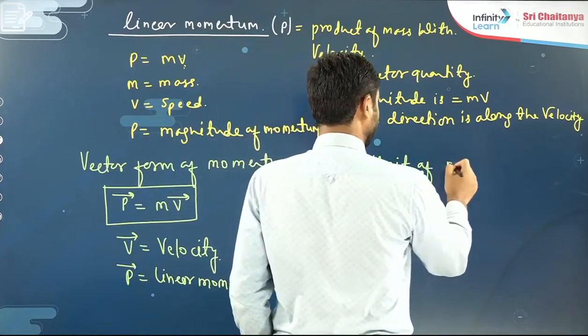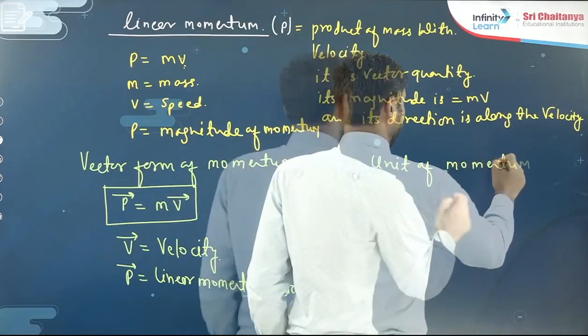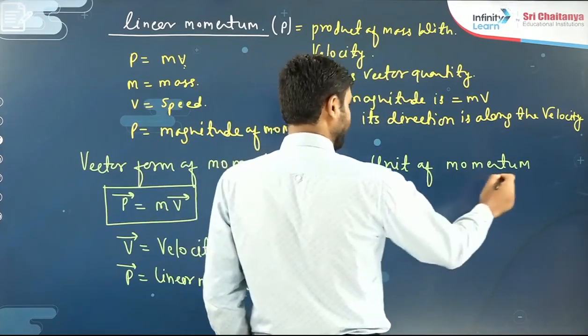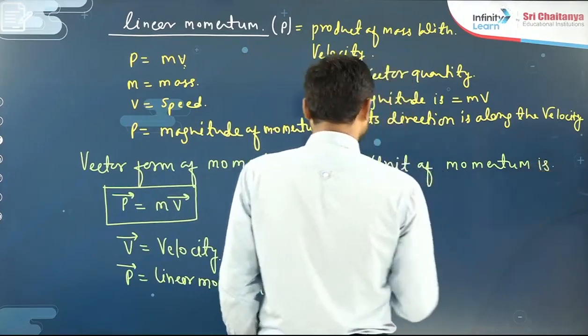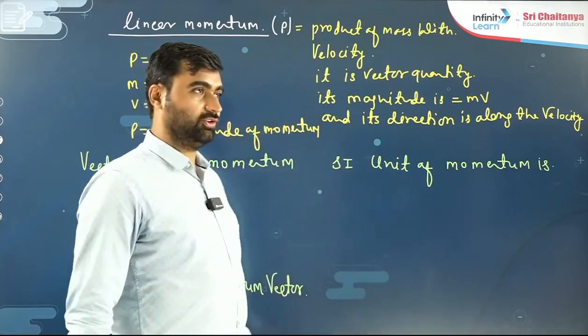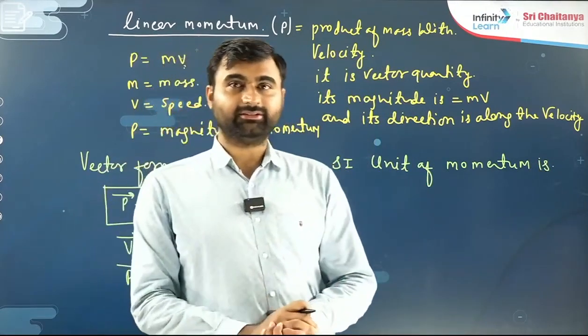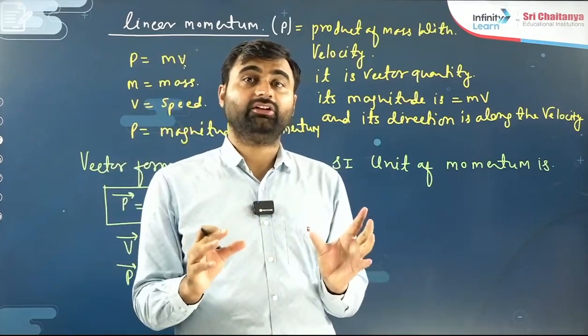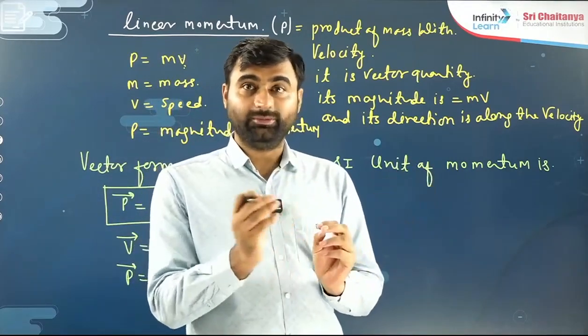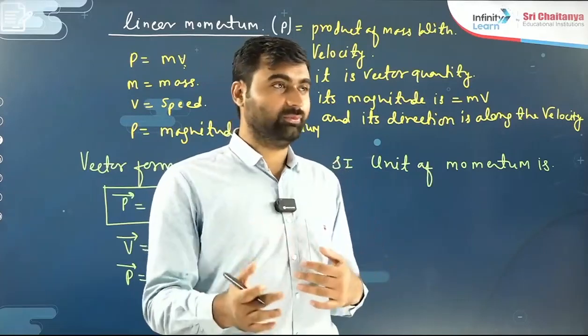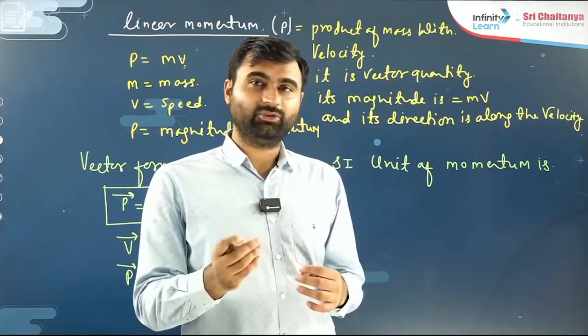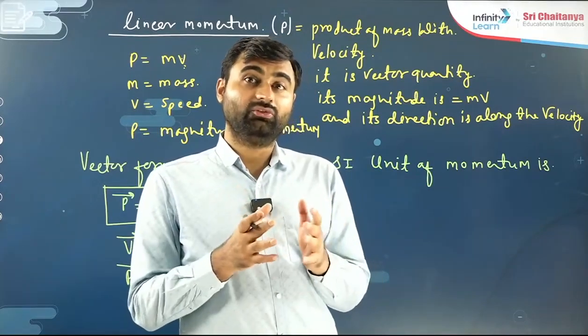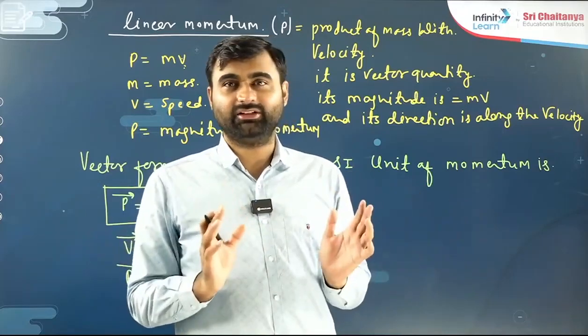SI unit of momentum. So how to find the SI unit? This is simple, okay, but sometimes they ask for the SI unit of some complex quantities. So where do we make mistakes? Why do we make mistakes? Because we do not know exactly how to calculate.